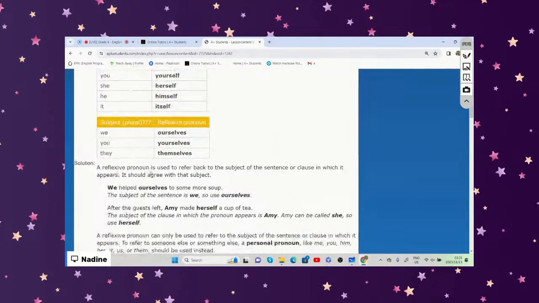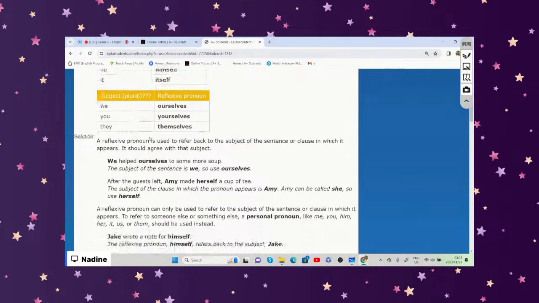So a reflexive pronoun is used to refer back to the subject of the sentence or the clause in which it appears, and it needs to agree with the subject. Ourselves needs to agree with we. Themselves needs to agree with they. Itself needs to agree with it. Herself needs to agree with she. Himself cannot refer to you. You understand? So himself goes with he, for example.